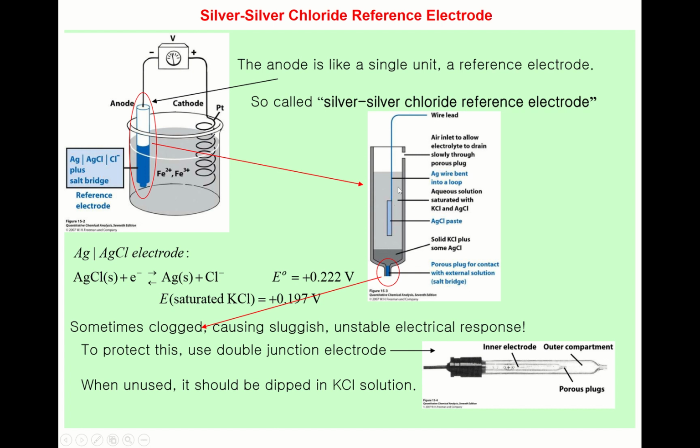And here you take a silver wire, and you put a silver chloride paste on this wire, so this is a silver and silver chloride electrode. And there is a small hole to inject the liquid or to drain this liquid.